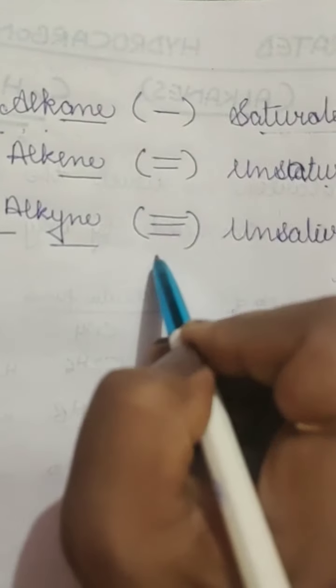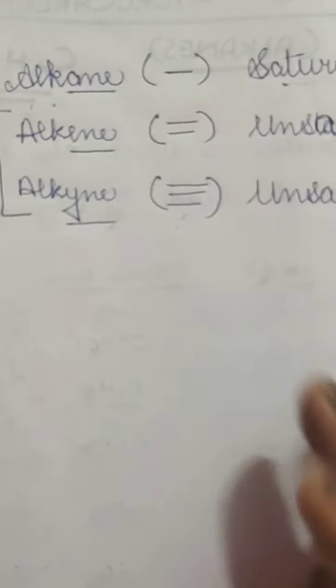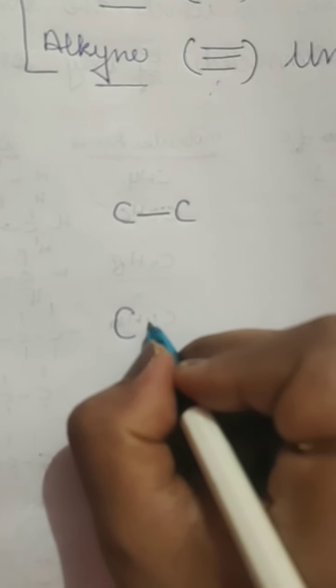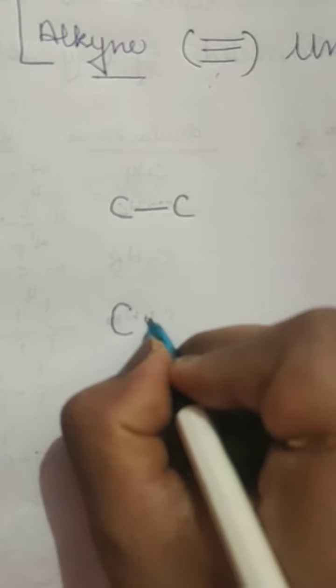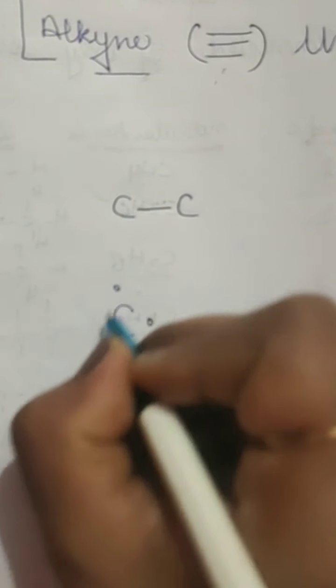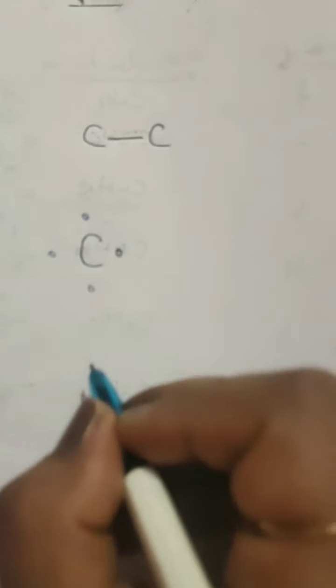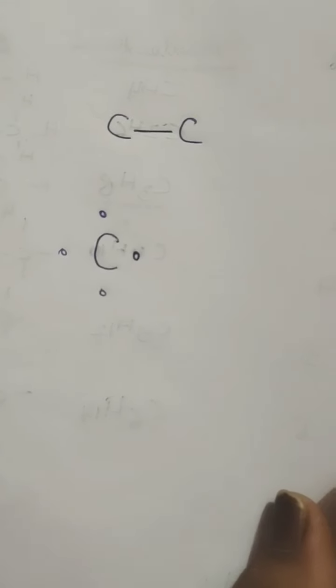So this is the bond between the carbon atoms. For example, here we have single bond and single bond. C is having single bonds. If we expand this, we know that C has 4 electrons in its outermost shell. Because it has 4 electrons, it needs to complete its octet.